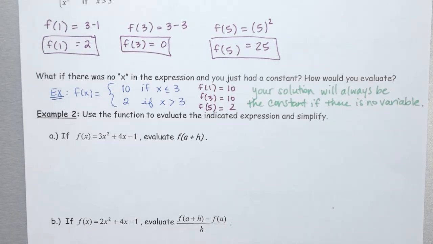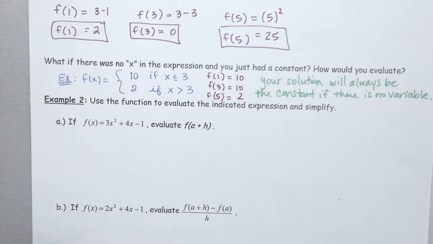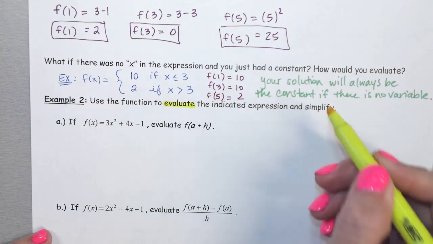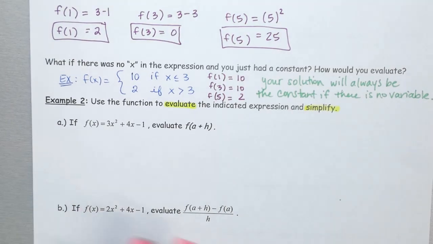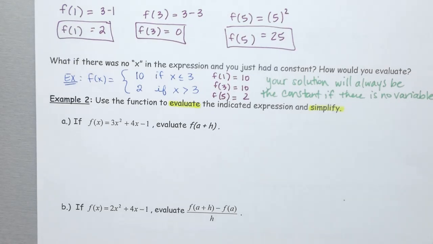Then we are going to use the function to evaluate the indicated expression, and we are going to simplify it. So we're evaluating, and then we have to make sure that we simplify if we can. This time we're evaluating f of a plus h.